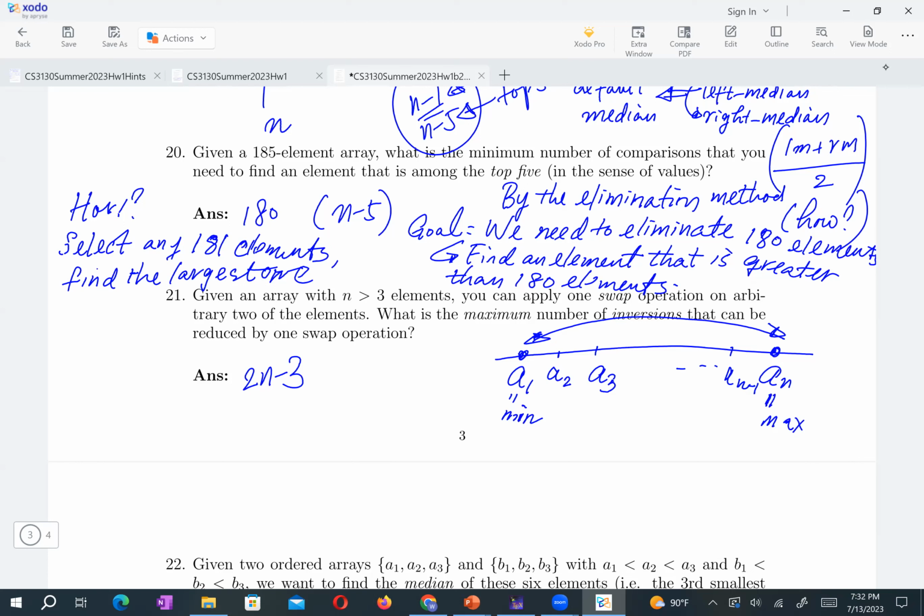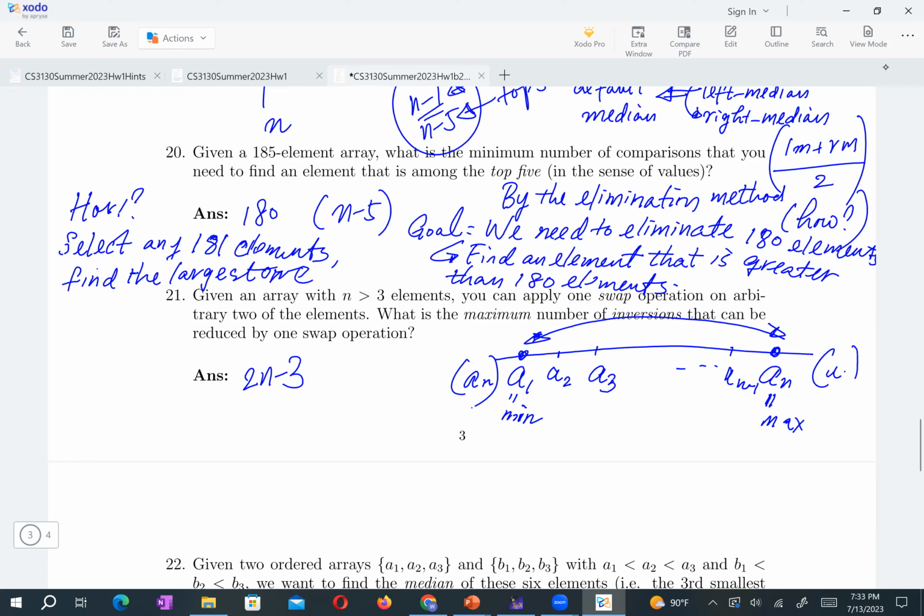Now, after the swap, AN becomes the first one, and A1 becomes the last one.